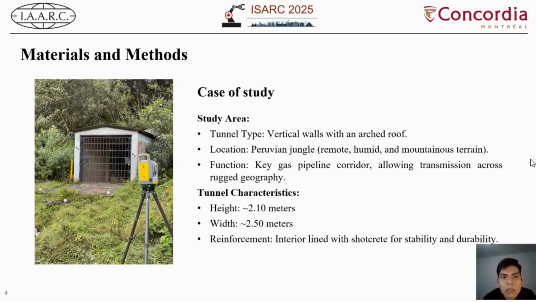So this is the case of study. The tunnel is in the Peruvian jungle. The function of this tunnel is a gas pipeline corridor. And the shape of this tunnel is vertical walls with an arc roof. Basically, it has a height of more than 2 meters and almost 2.5 meters of width.